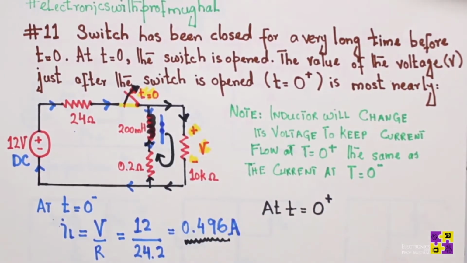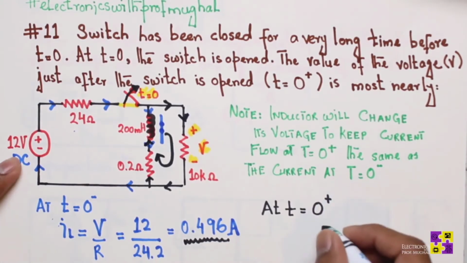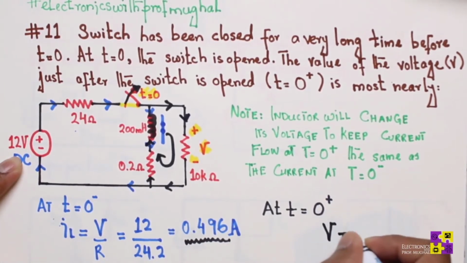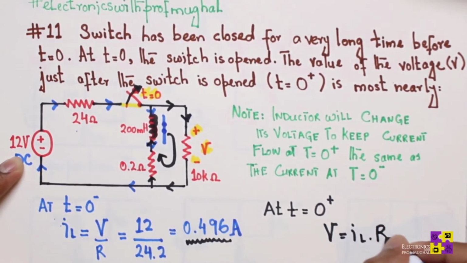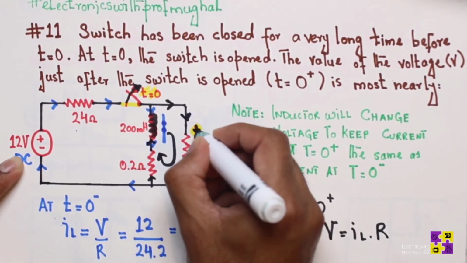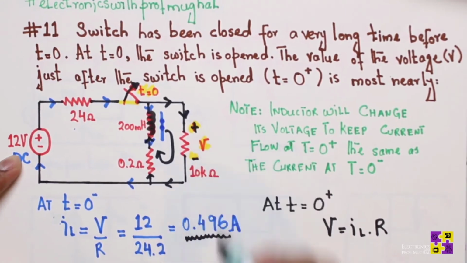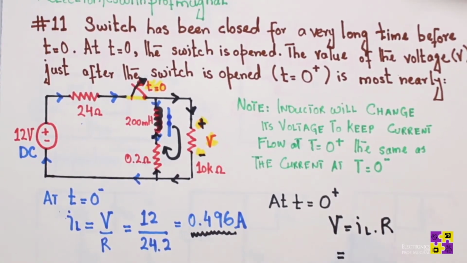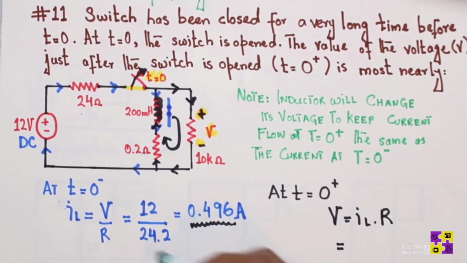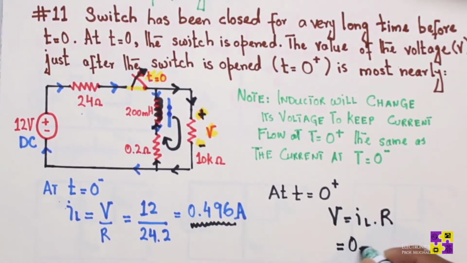Now what's going to happen? I'm going to just simply apply V equals I times R to find out the voltage across this 10 kilo ohm resistor. Now current is already known to us, and that's 0.496.